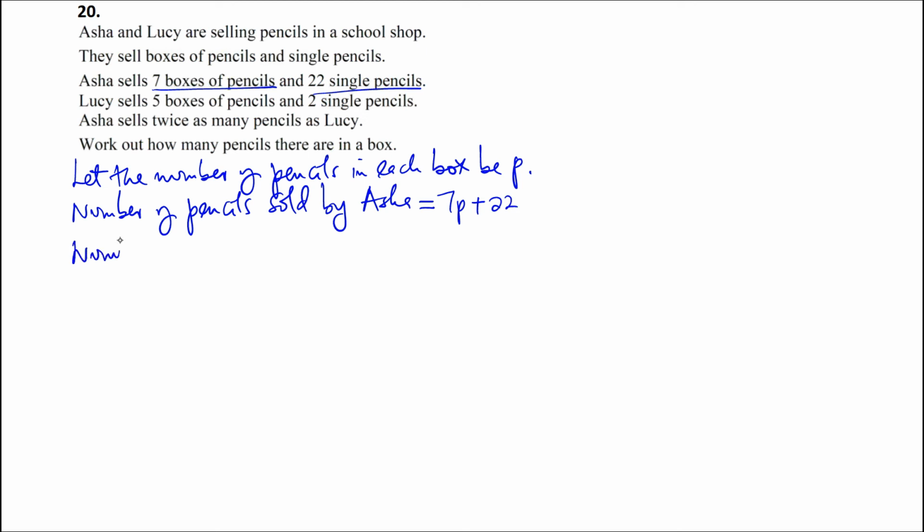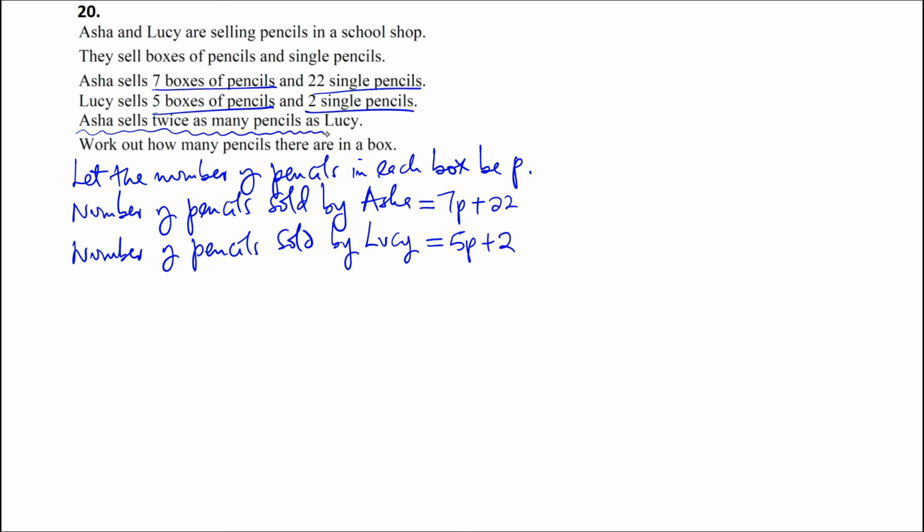And the number of pencils sold by Lucy will be equal to 5 boxes of pencils, so 5P plus 2 pencils. And then we have this relation. Asha sells twice as many pencils as Lucy. So Asha has 7P plus 22, but this is twice the number of pencils sold by Lucy.